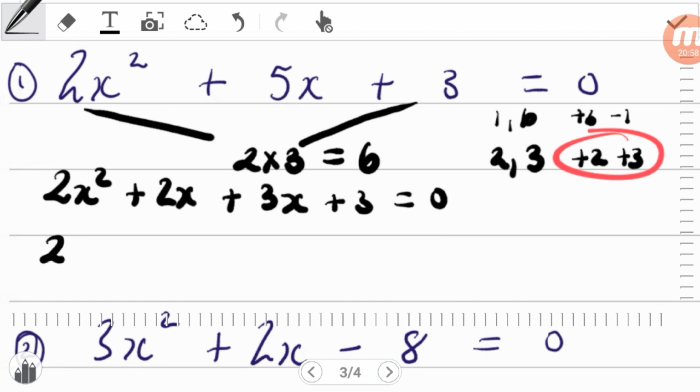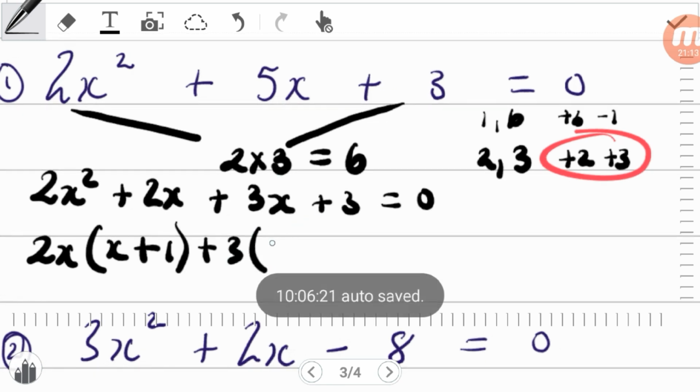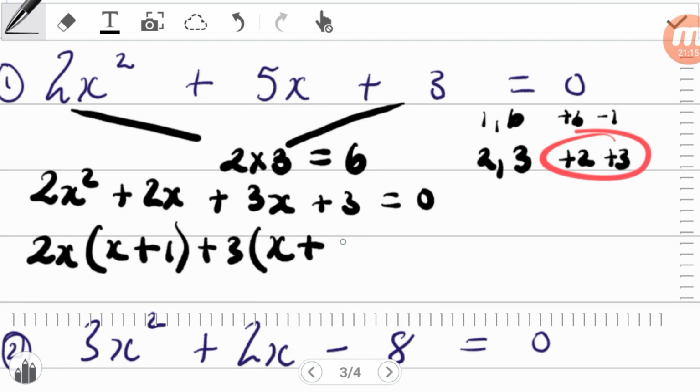So here, the common factor is obviously going to be 2x. 2x divides into 2x squared goes x times. And 2x divides into 2x goes 1 time. Common factor here is going to be positive 3. And then we have 3 divides into 3x goes x times. And 3 into 3 goes 1 time. And that's equal to 0.